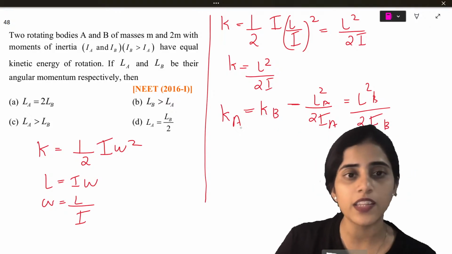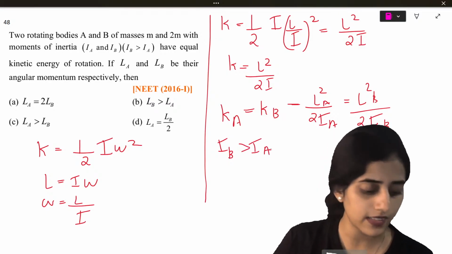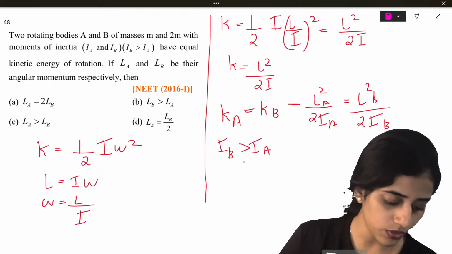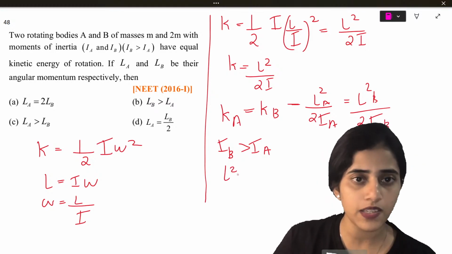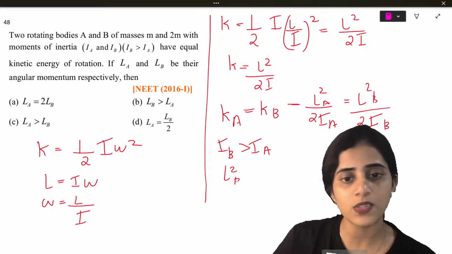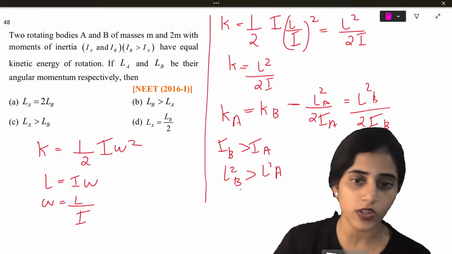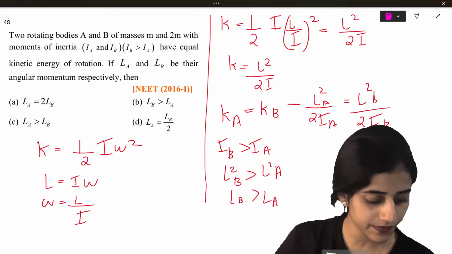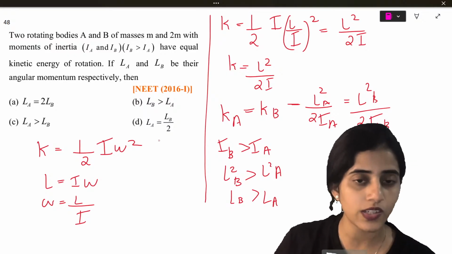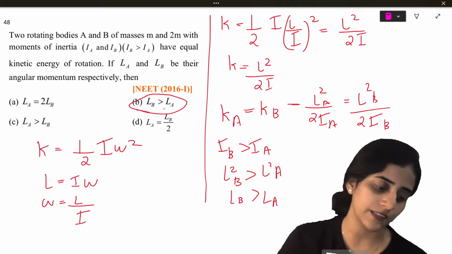Now, in the question, they have told us that IB is greater than IA. So, L square B should also be greater than L square A. Now, if I take the square root, what happens? L of B should be greater than L of A. So, what is the answer? L of B should be greater than L of A.